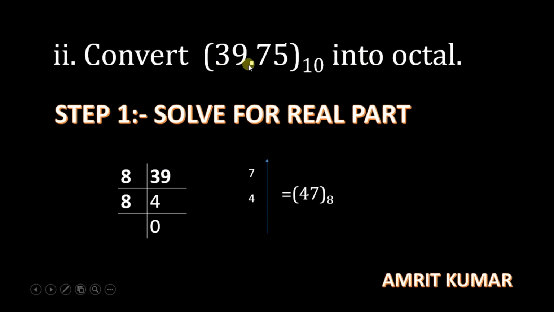We have to solve this number, that is 39, a decimal number, and I have to convert it into an octal number. And we know that any decimal number that has to be converted into an octal number, we have to divide it by the base of the octal number, and we know that the base of the octal number is 8.